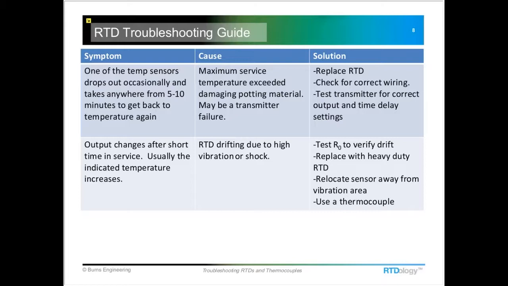Had a situation where they were pumping a fluid through a pipe, and they had a steam injection just upstream of the temperature sensor. When that steam would shoot in to heat up the liquid, it would cause a little bit of water hammer, and after it did that a few times, the probe would go open circuit or start drifting up in indicated temperature.